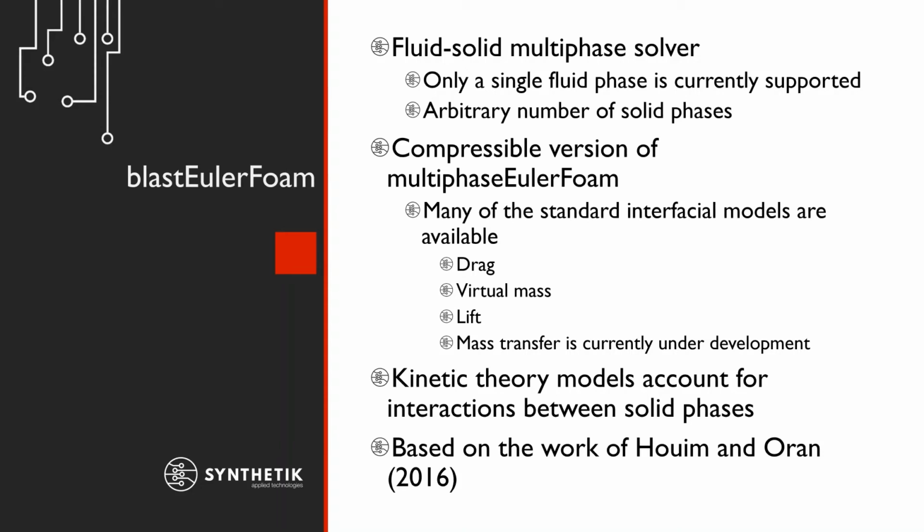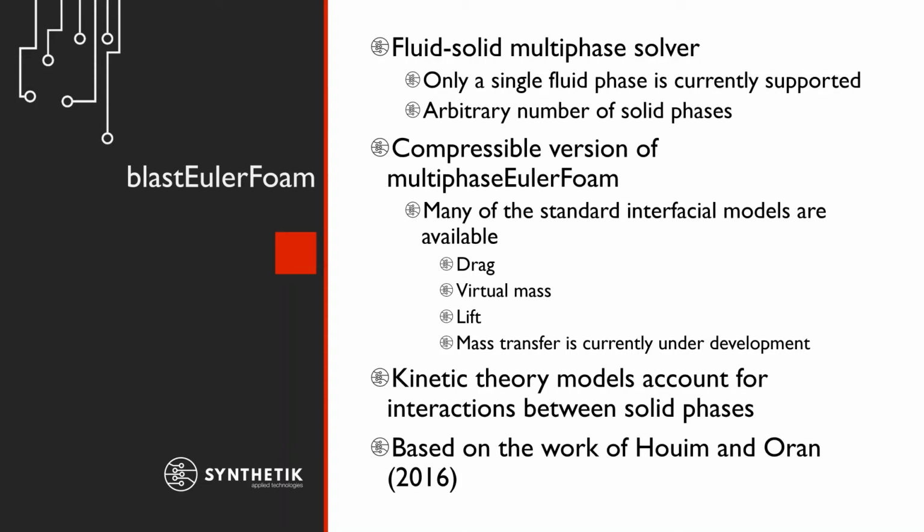So you can basically think of this as a very compressible version of multiphaseEulerFoam. It doesn't have everything it does. There's no population balance models or, well, a lot of the stuff it has, but the basic stuff is there. So we have a lot of the interfacial models. So drag, virtual mass, lift, mass transfer is currently under development. We have kinetic theory models.